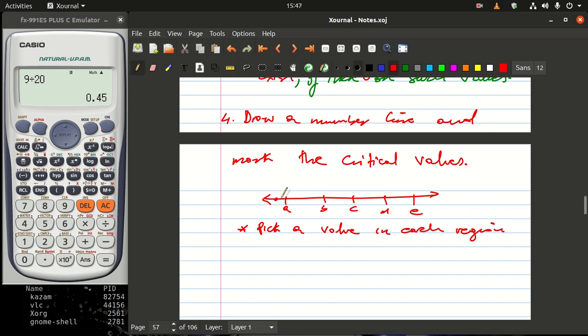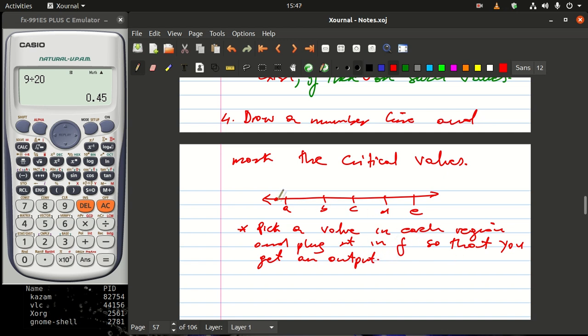So you pick a value in this region and plug it in F so that you get an output.